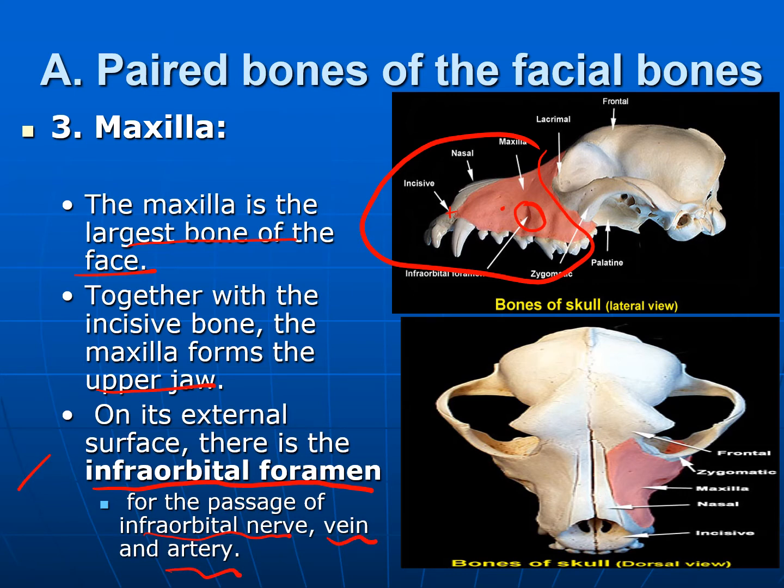Remember, the artery, vein, and nerve always go together. Whenever they go together, we call them the triad structure, which is the nerve, vein, and artery. And as I said, they exit through this opening, which is the infraorbital foramen.